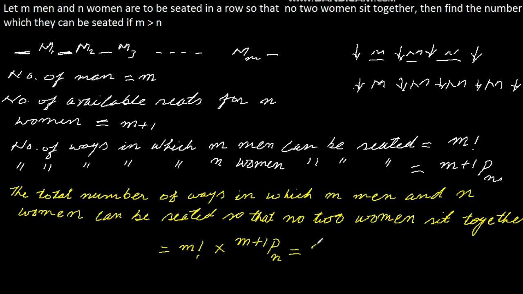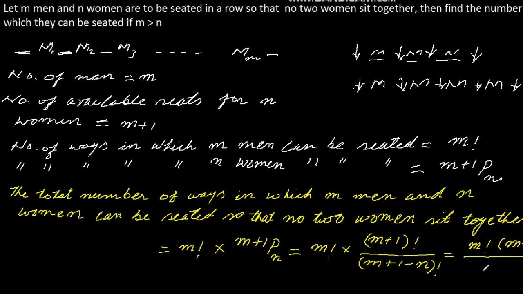That is equal to factorial m into factorial m plus 1 upon factorial m plus 1 minus n, which is equal to factorial m into factorial m plus 1 upon factorial m minus n plus 1.